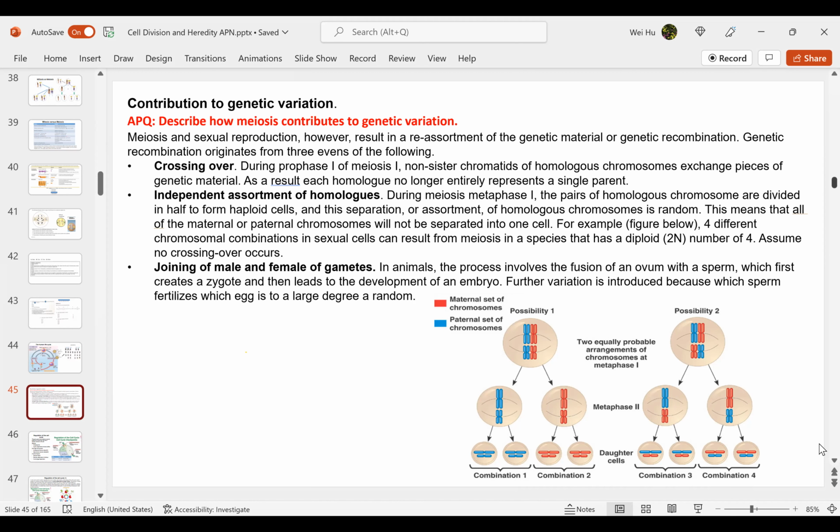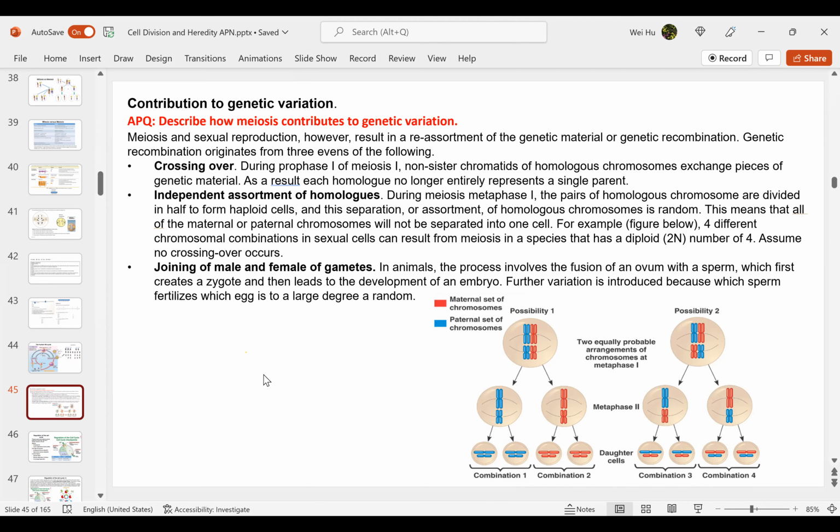So you have 4 combinations, right? So you actually only have 2 pair of chromosomes. So we have 23 pair of chromosomes. So imagine how many different choices you have. Very interesting, right? Okay, 3 major contributions for your genetic variation are crossover, independent assortment of homologous chromosomes, and fertilization.